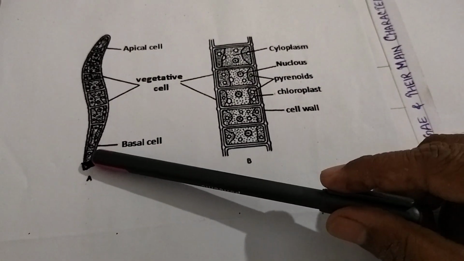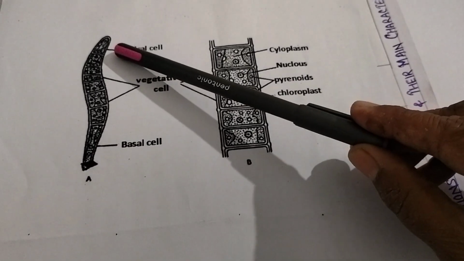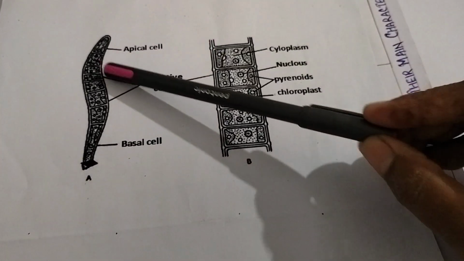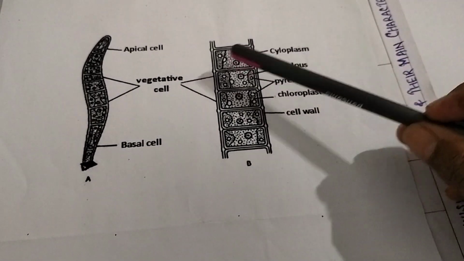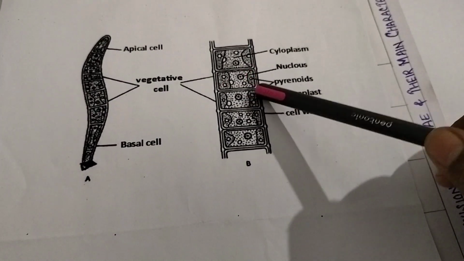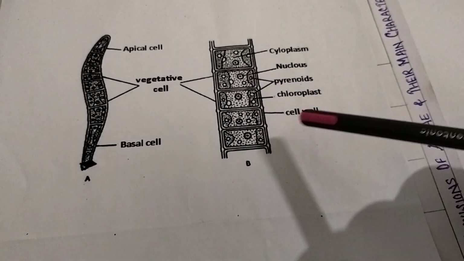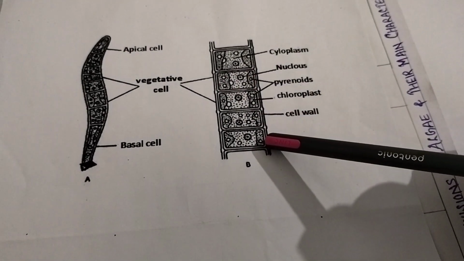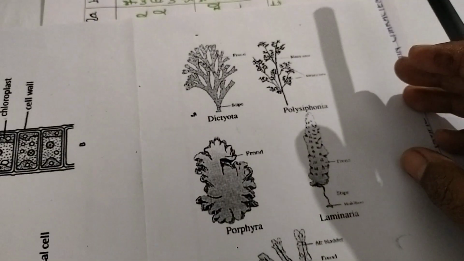The lowermost is known as the basal cell and the uppermost is known as the apical cell, and in between the cells are known as vegetative cells. Again they contain cytoplasm, and pyrenoids are present inside the chloroplast. This is the chloroplast, and outer is cell wall. This is Ulothrix.